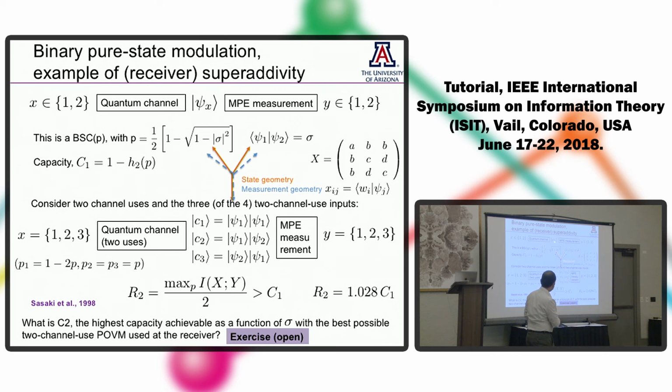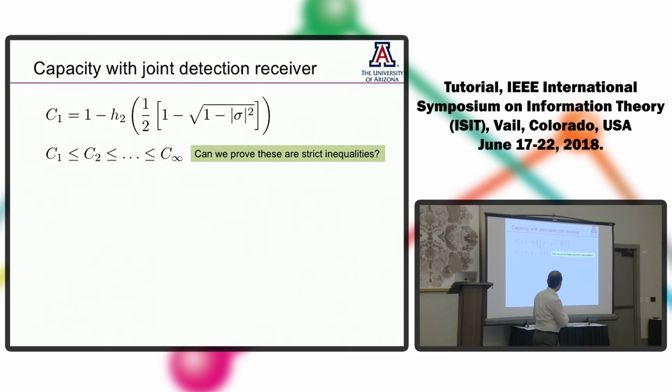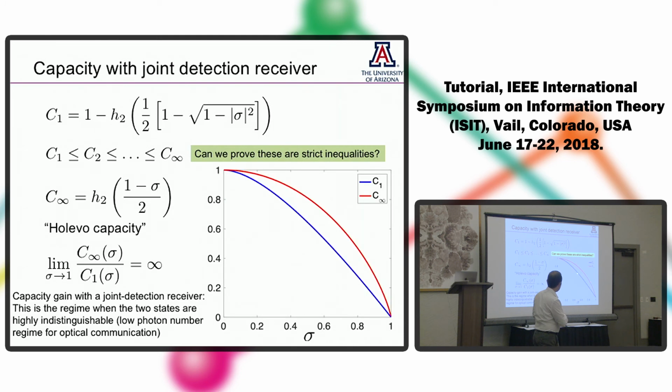We showed you this two-state example where I could get a higher capacity per use of the quantum channel by picking this joint measurement that spans over two channel symbols. But the problem of how the capacity grows between C1 and C infinity as you increase the number of channel uses over which the measurement is done, that is not understood. And even C2 is not known in closed form.